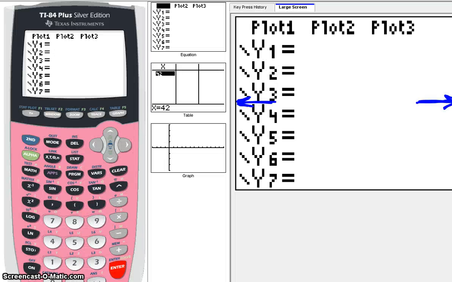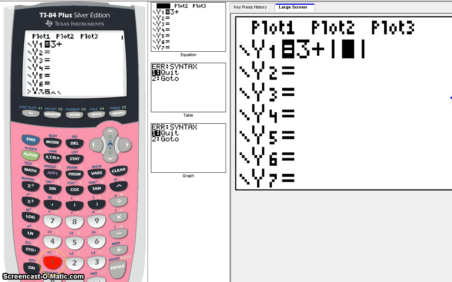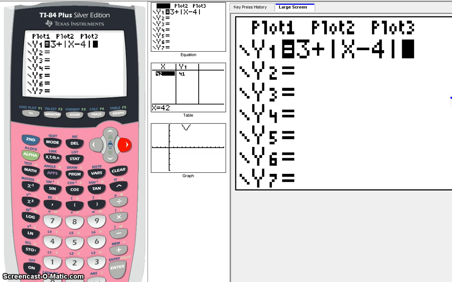I'm going to start at your clean y equals screen, and I'm going to type in the inequality exactly as it stands. So 3 plus math, arrow to num, 1 for absolute value, x minus 4, close your parentheses or arrow to the right to get out of your absolute value.